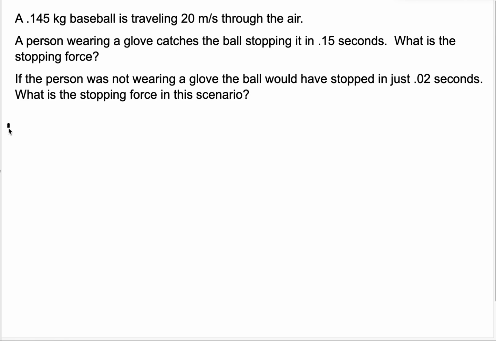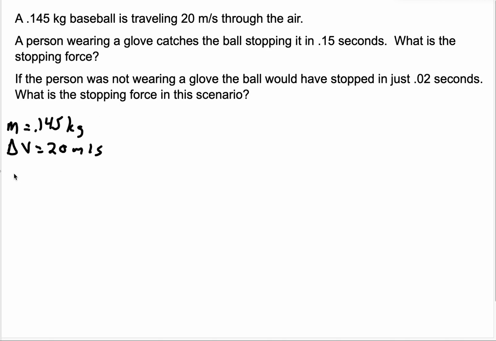The mass of that baseball is 0.145 kilograms. And the baseball is traveling 20 meters per second through the air. And then a person wearing a glove is going to stop the ball. All right. So the change in velocity is going to be 20 meters per second. Started at 20, went to 0.